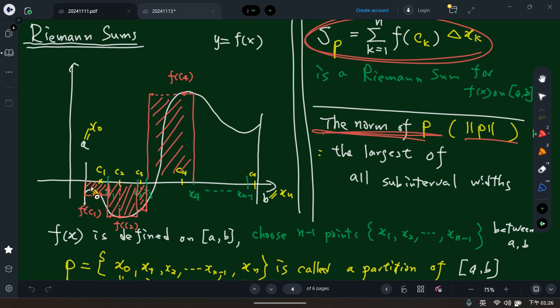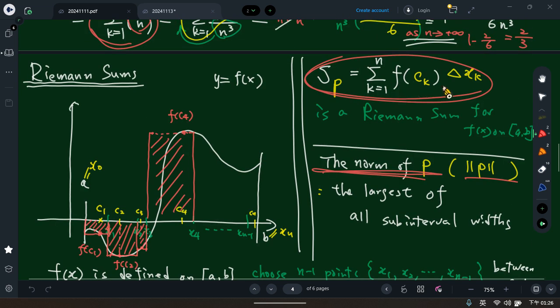So taking this example, here we will contribute something negative. Here also contribute something negative. Okay, so based on this idea, we can calculate all areas for these rectangles and then sum them together. Then we will say this is the Riemann sum for this partition.